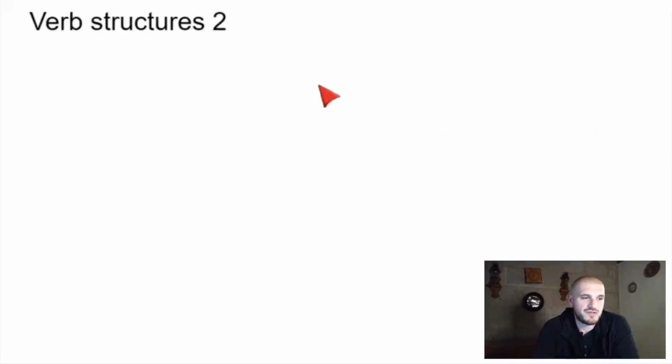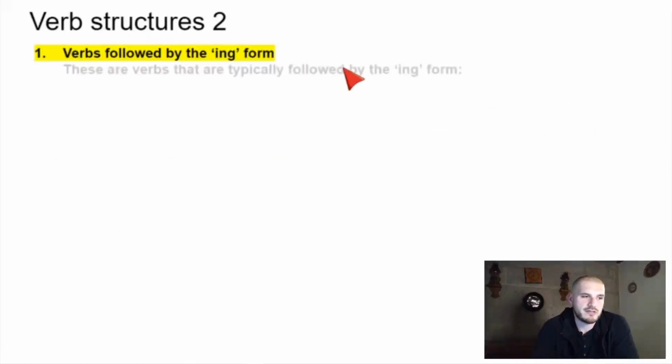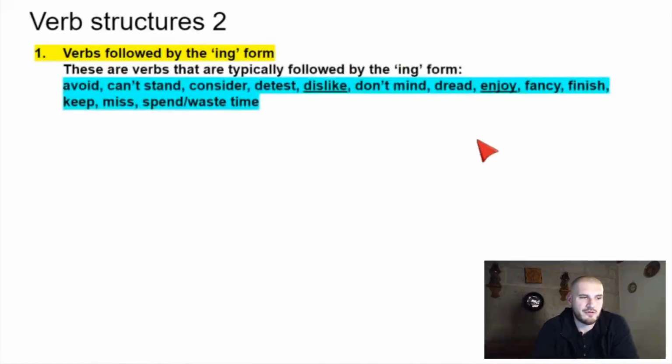Okay, verb structures 2. Let's look at some more. So we do have some verbs that are followed by the ing form always. These are verbs that are typically followed by the ing form. For example, avoid. We've seen some of these before, like dislike and enjoy. I think we saw in pre-intermediate, maybe. Verb patterns.